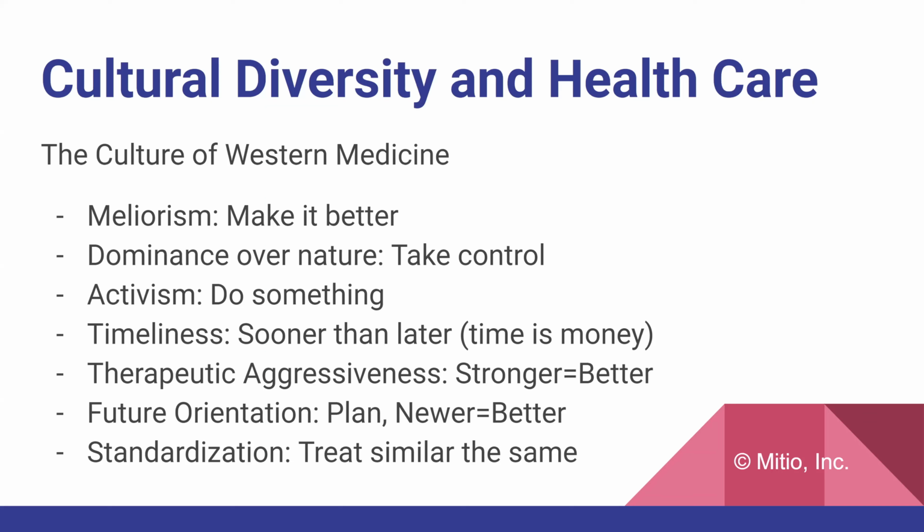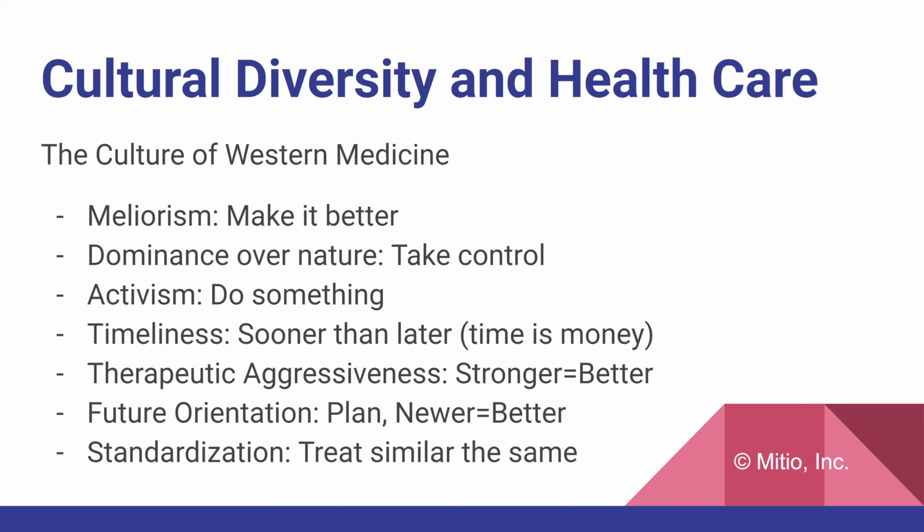If there's a disease, they're going to take control over that disease. They look at the disease as the enemy. So it's either you get dominated by the disease or you dominate it. So it's a real way of looking at illness and looking at healing.